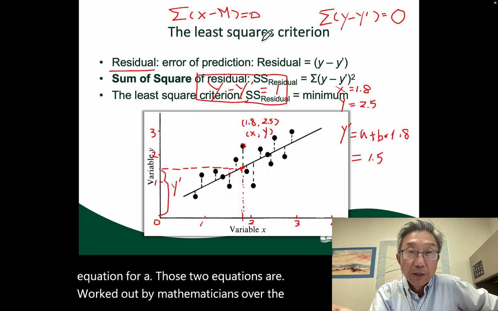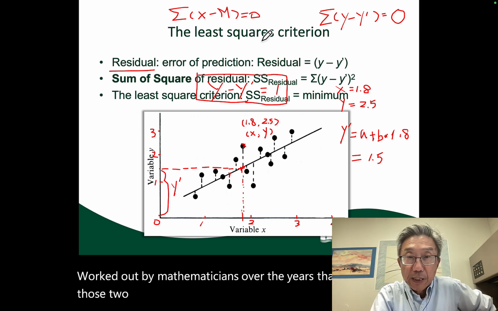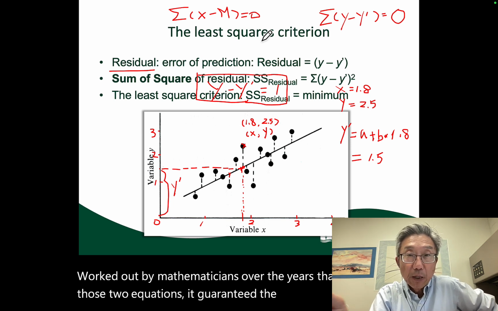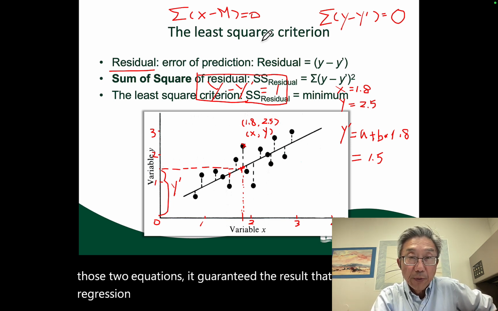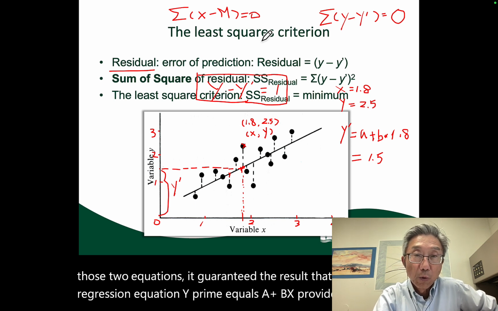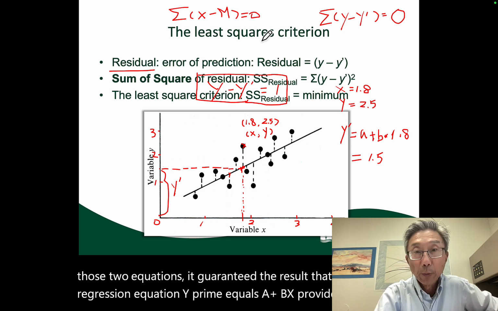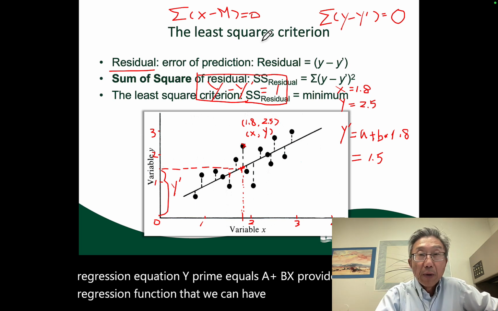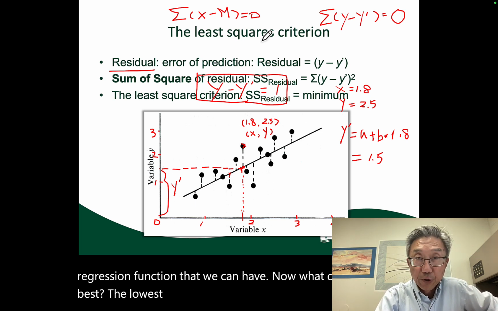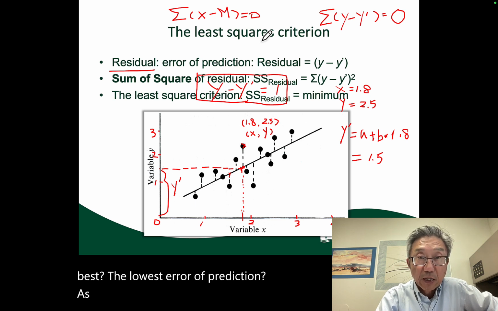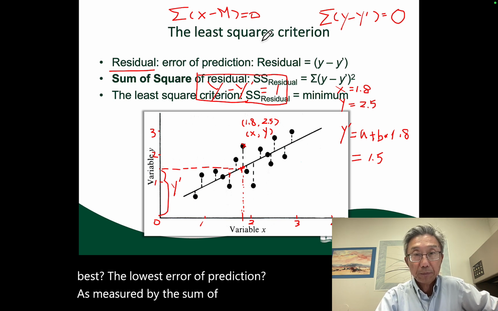If you apply those two equations, the regression equation y prime equals a plus bx is guaranteed to be the best regression function we can have. What do we mean by best? The lowest error of prediction, as measured by the sum of squares of the residuals.